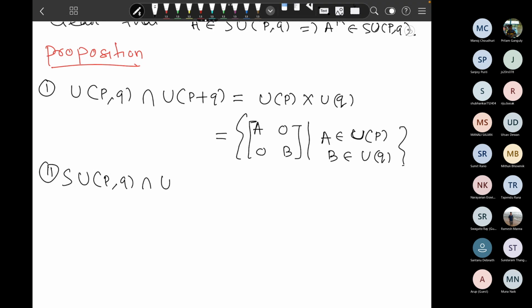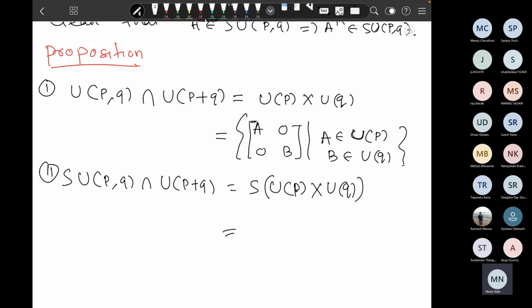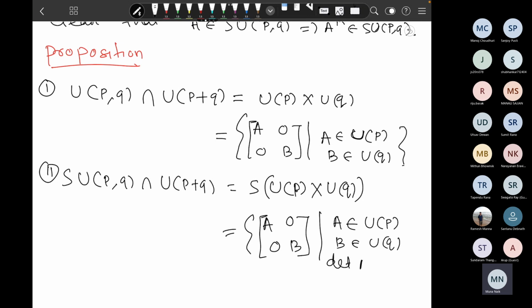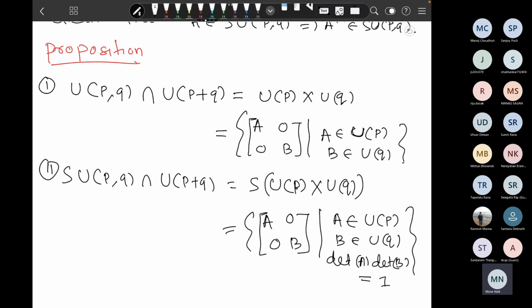SU(P,Q) intersection U(P+Q) will be S of U(P) cross U(Q), so this will be A, 0, 0, B, so that A belongs to U(P), B belongs to U(Q), and the determinant is equal to 1.